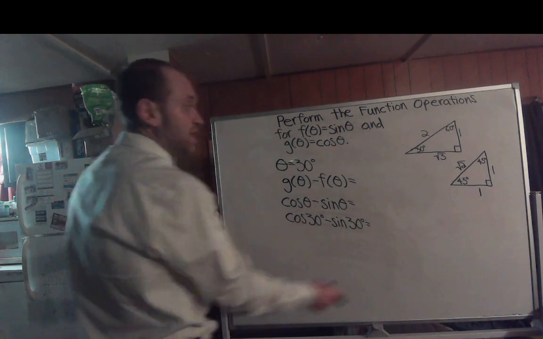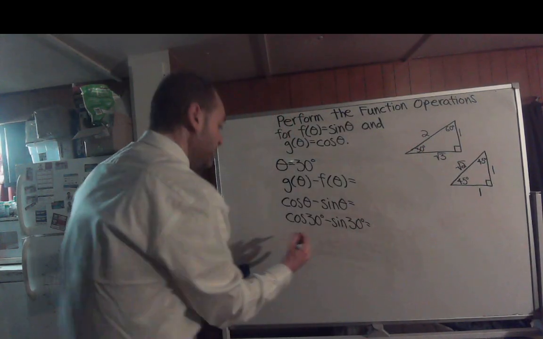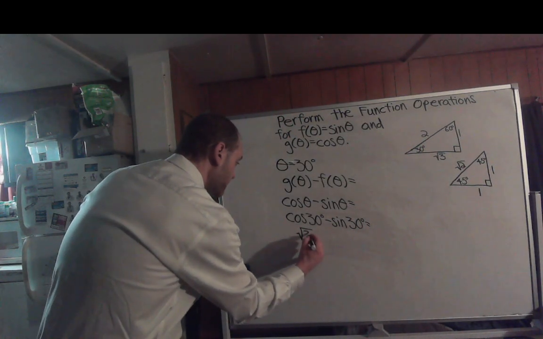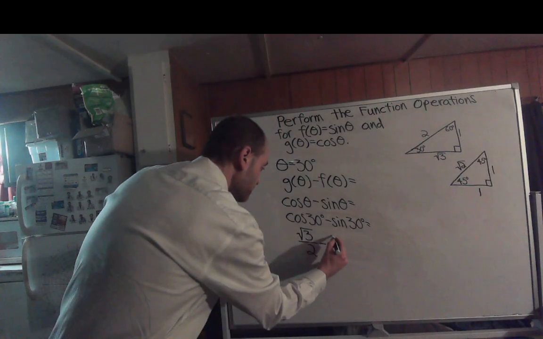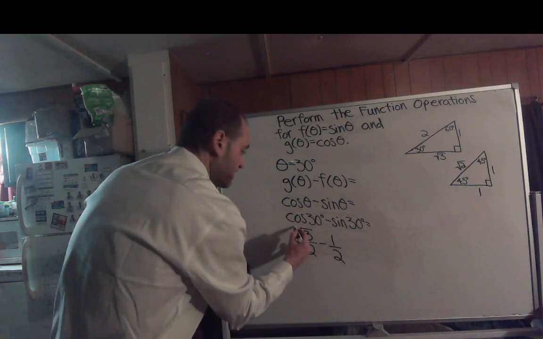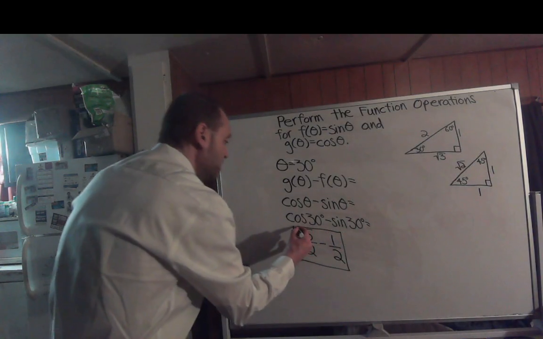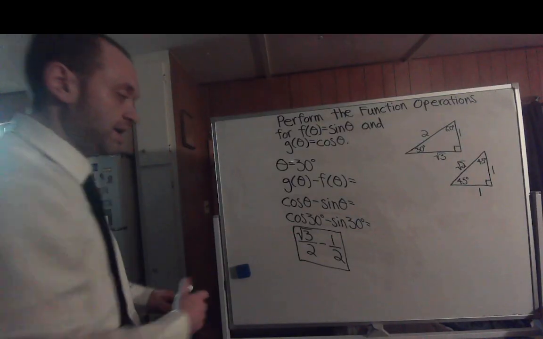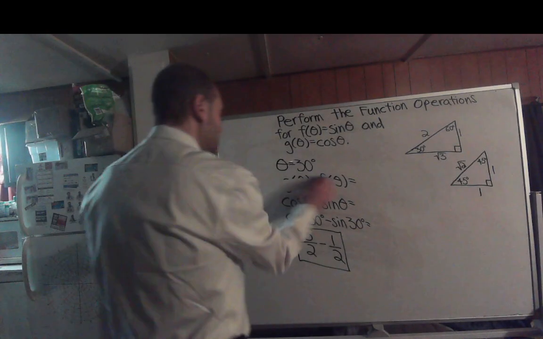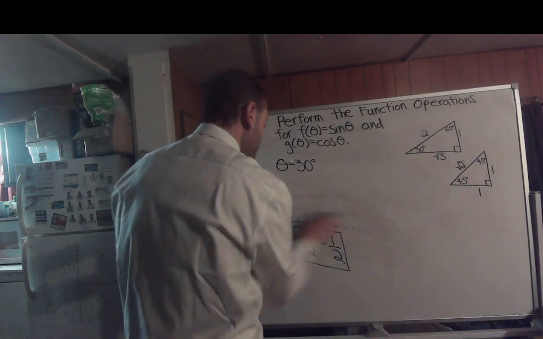Now the cosine of 30, adjacent over hypotenuse, that's the square root of 3 over 2, minus your sine of 30, that's 1 over 2. And you could honestly leave it like this, that'd be fine. You would end up getting the square root of 3 over 2 minus 1/2 for that answer. What are we going to do next?